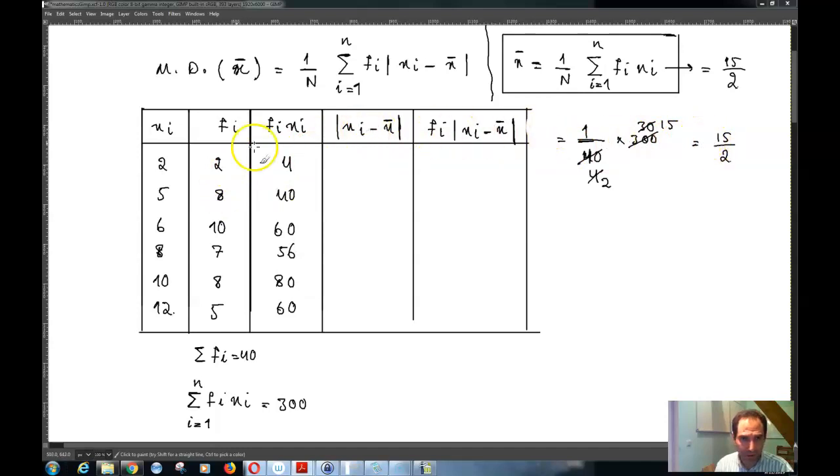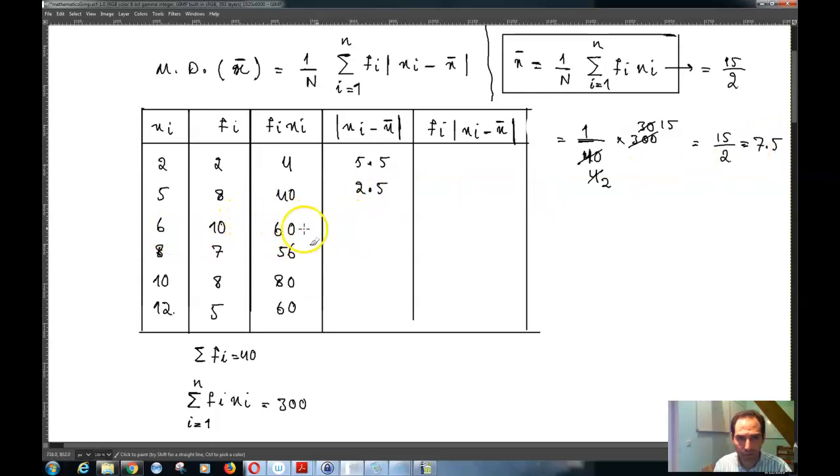So x of i is this observation here, minus 7.5. 2 minus 7.5 is negative 5.5, the absolute value of that is 5.5. 5 minus 7.5 is negative 2.5, so that's positive 2.5.